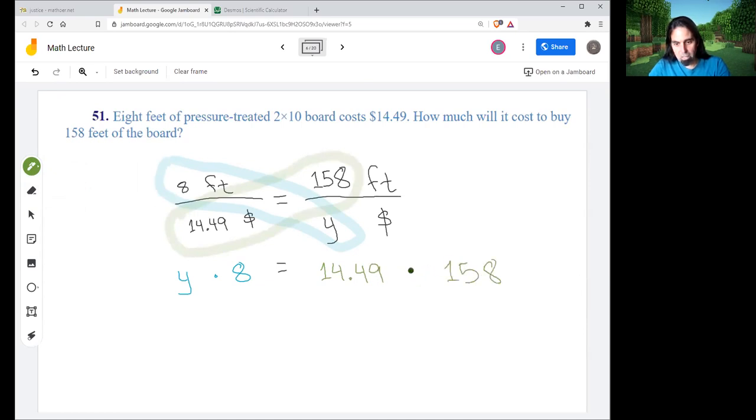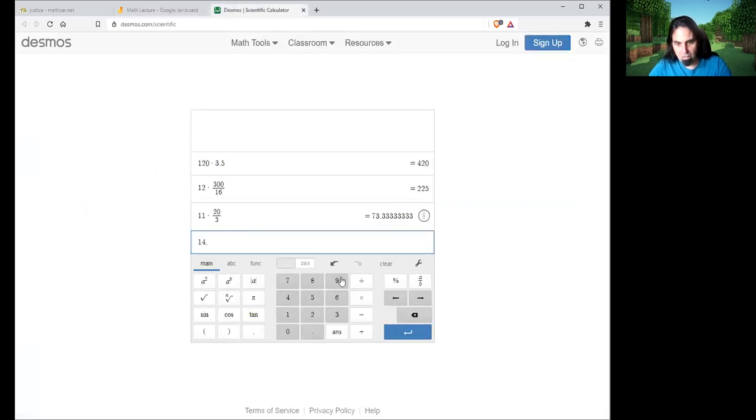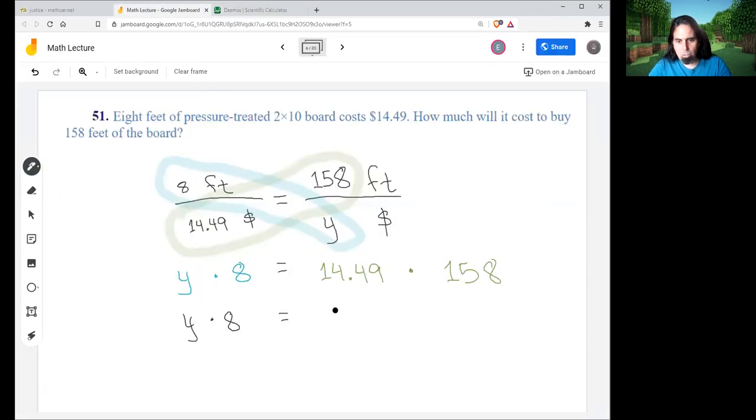As I warned you last time, once you get decimals, just be a little wary because you don't want the multiply dot and the decimal dot to mess up yourself. So what's 14.49 times 158? 2354.2. And I'll divide both sides by 8.